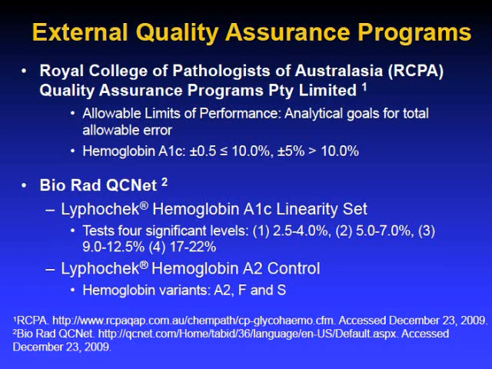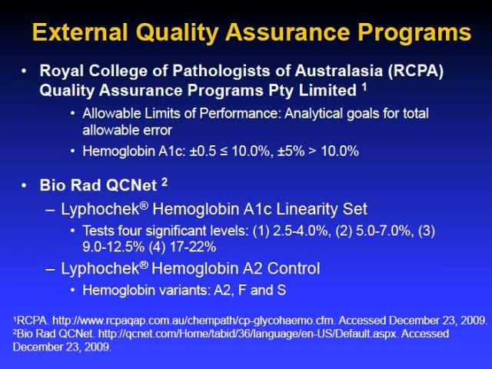Currently, the allowable limit of performance for hemoglobin A1c for laboratory performance is plus or minus 0.5% for A1c levels equal to or less than 10%, and plus or minus 5% for A1c values more than 10%. This latter allowable limit of plus or minus 5% may need to be considered for a stricter range. Bio-Rad also offers an external quality control program on the QCnet.